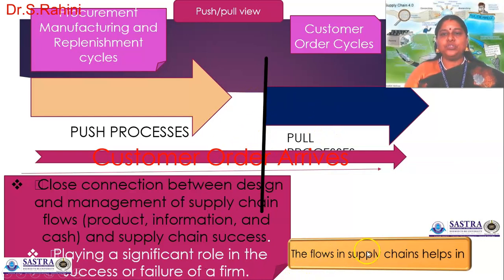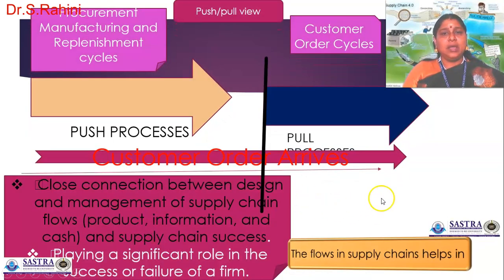And the flows in the supply chain help in the different roles already mentioned, whether of the retailer, the supplier, the manufacturer, or the distributor. What are all their roles, their duties, and their responsibilities, everything they will be designing and processing accordingly. And this is what the pull and the push process is all about.